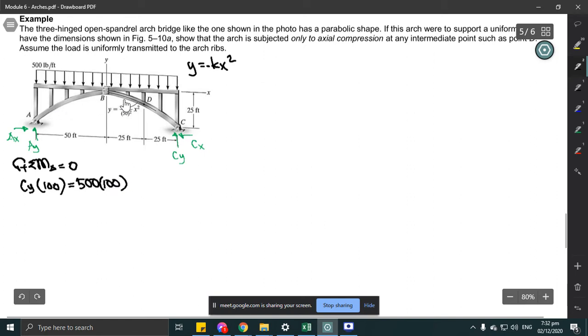And multiply by the moment arm. Kasi ang mangyayari nga lang dyan is ganito. Ayan. So, di ba ito yung 500 times 100? Okay, so 100, and then this moment arm coming from point A, so that will be equals to 50.